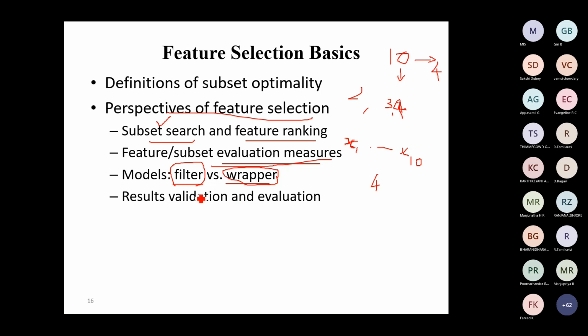In the filter method, we don't use any classification algorithm; it's an independent algorithm to select the best set of features. The wrapper based method wraps over a classifier, using it to identify the best subset of features. Finally, we have to evaluate and select the 4 features from the 10 features.